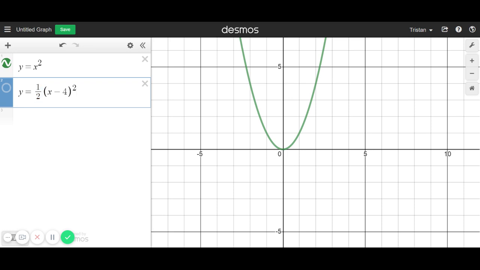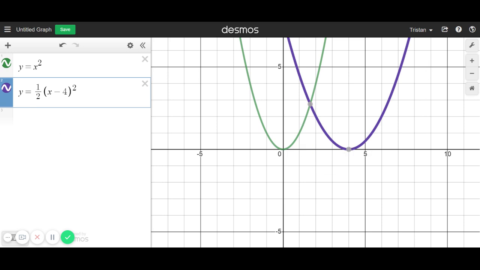Well, you could have thought of this instead of multiplying by 1/2 on this side, as multiplying by 2 on that side. So multiplying y by 2 should have the effect of scaling in the y direction by the reciprocal of that number, which is 1/2. So having a 1/2 over here means we should scale it by 1/2. That means it's going to be cut in half. The y coordinates would all be cut in half.